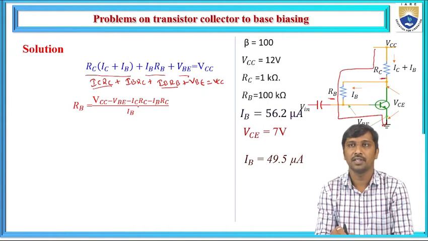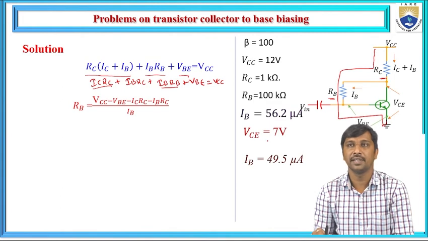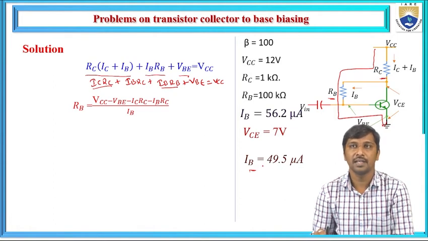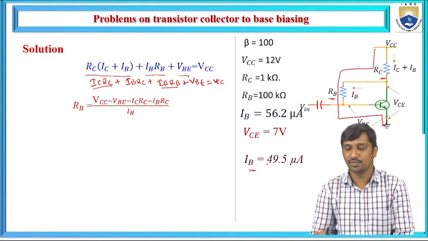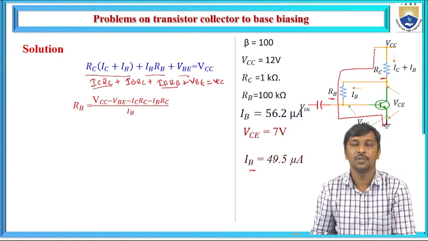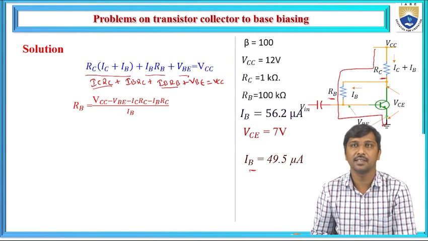Based on the VCE voltage of 7 volts, we observe that the base current is 49.5 microamperes, and due to this we need to find out how much collector current flows. Hence, first I am going to find how much collector current flows with respect to this base current.